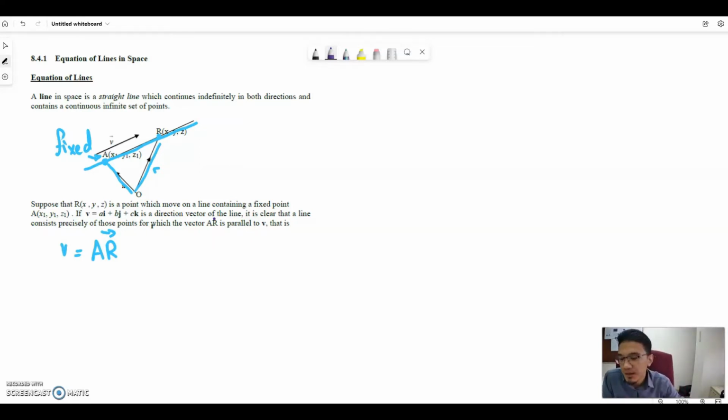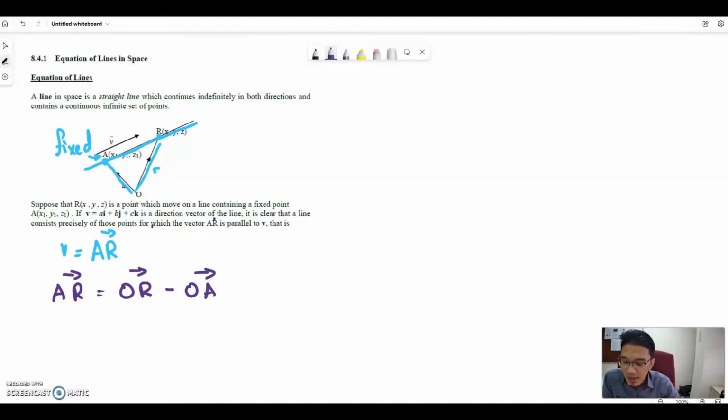So V is the vector from point A to point R, but R is unknown. So we know that vector AR is equal to OR minus OA.